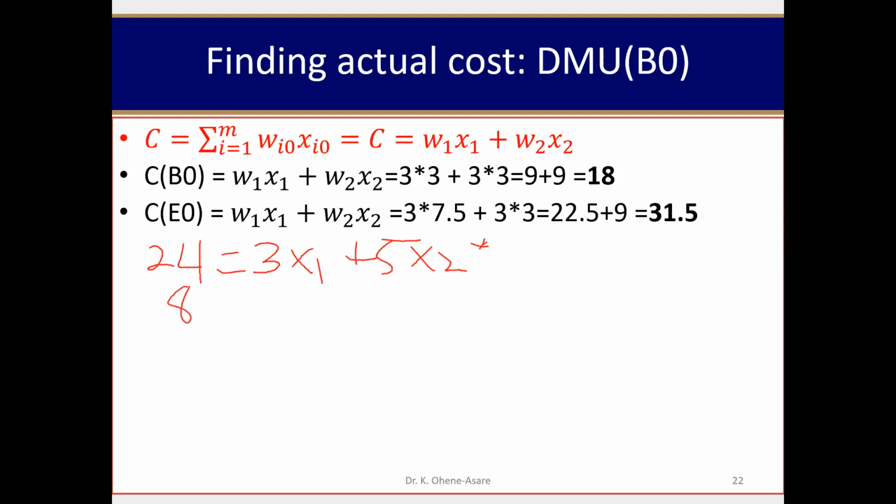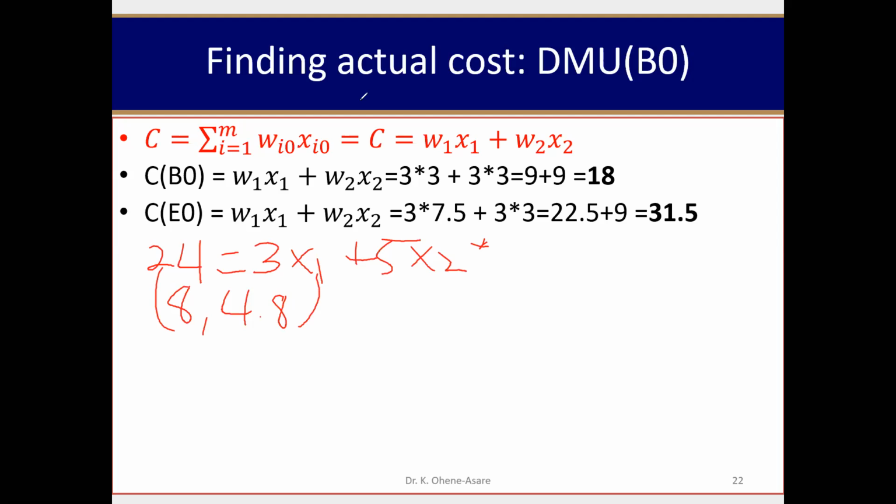And the value of x2 when x1 is 0 is what? 4.8. So you now have 4.8, which is x2, and then you have 8. So 8 is the x1, 4.8 is the x2.